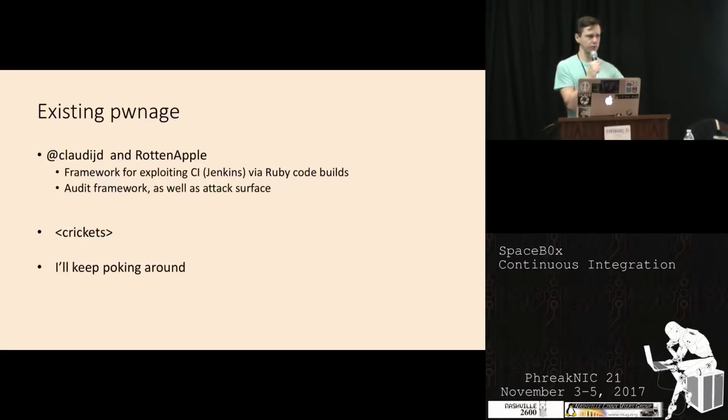His was more auditing, and it audited Jenkins to look for things during the build and tell you, hey, this is potentially insecure. It was really cool, and I liked that framework a lot. I wanted to do a little bit more with it, so I kept poking around with it. But other than his tool and a few white papers that I found that were not very specific, I didn't find a lot of people doing this, so that's what motivated my morbid curiosity.